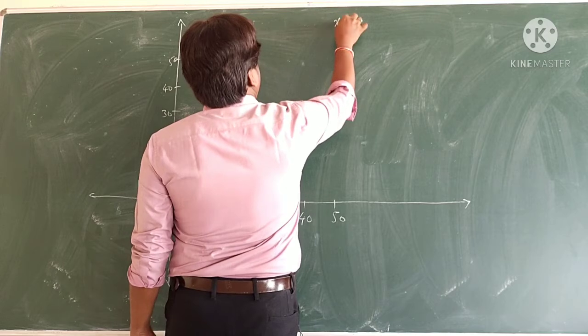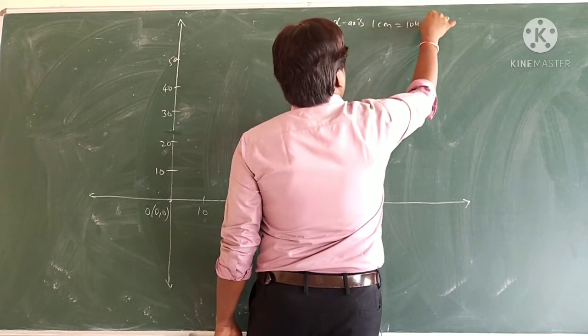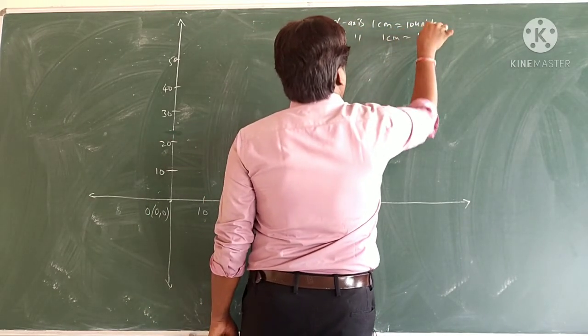On the x-axis, 1 centimeter equals 10 units. Same way, on the y-axis, 1 centimeter equals 10 units.